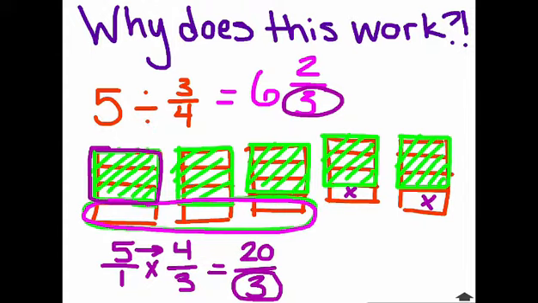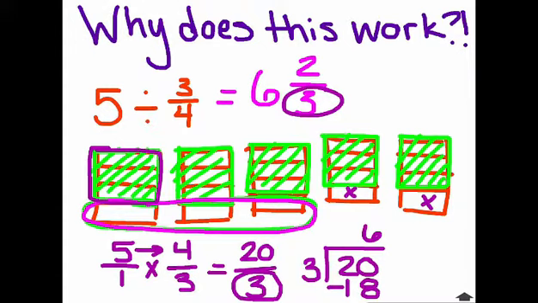Now, this is an improper fraction, so we want to simplify. And I'm going to tip my fraction over. 20 divided by 3, because remember a fraction bar is also a division bar. So 20 divided by 3 goes in 6 times, which gives us 18.